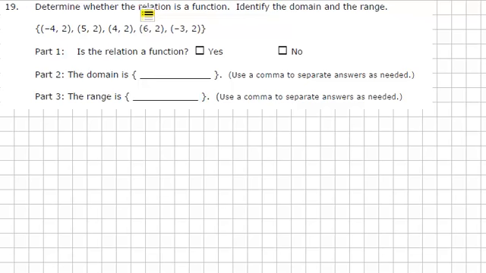The first key word that we encounter is the word relation. What is a relation? Well, a relation is just a set of ordered pairs.